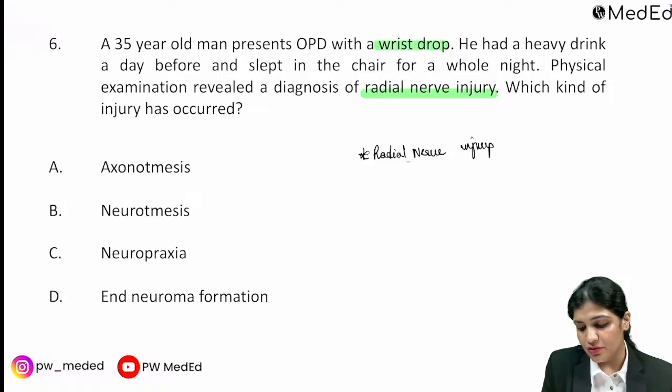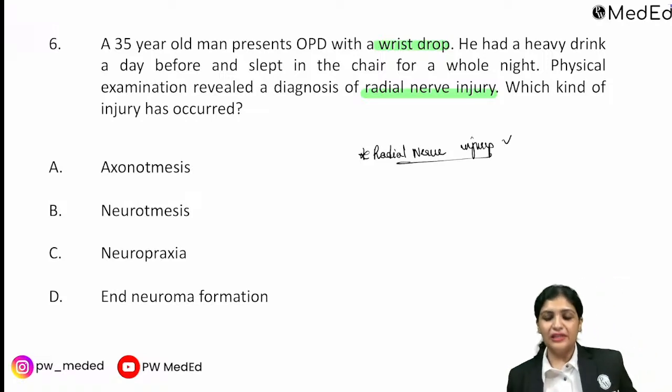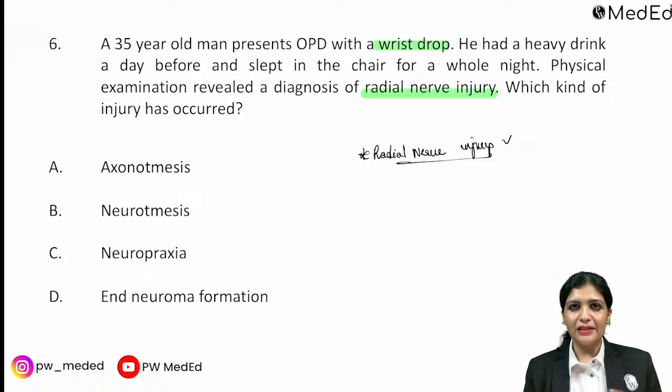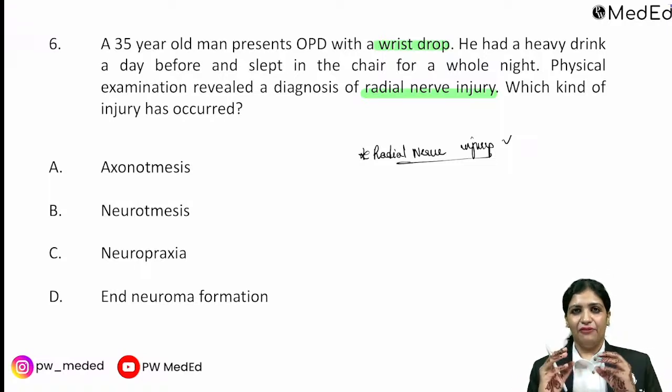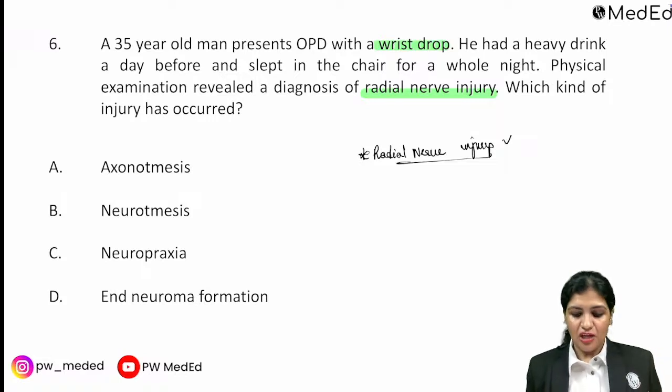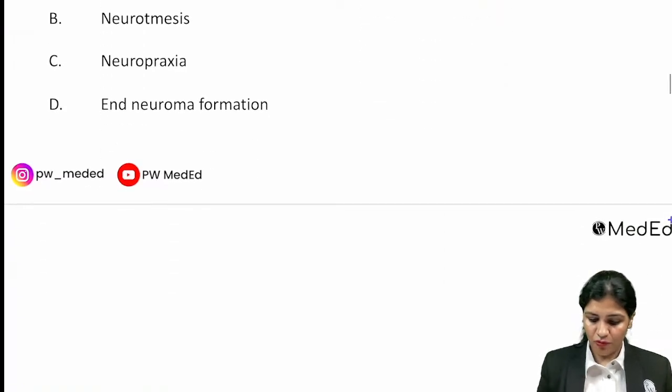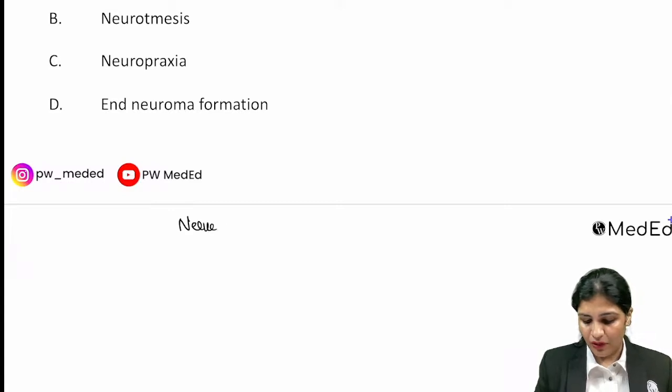Radial nerve injury, and nerve injuries are one of the most important topics in all exams, right? Even if you take your NEET PG, your FMGE, your INICET, every exam will have a question on nerve injuries. So this is one of the important topics which you have to always be thorough with for answering the questions from orthopedics.